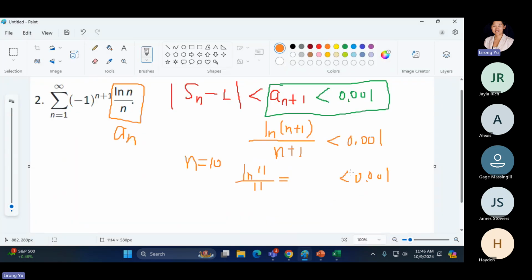The ultimate goal is to realize this allows us to measure the error, but if you get an equation that's not decreasing as fast, then it's hard to figure out where that point reached 0.01. The natural log itself is an increasing function, but the n+1 in the denominator makes it decreasing.